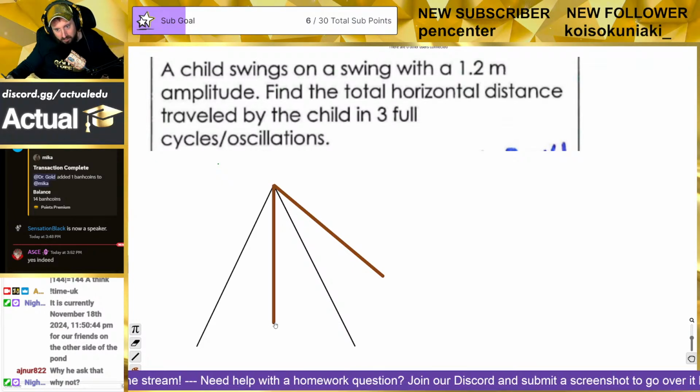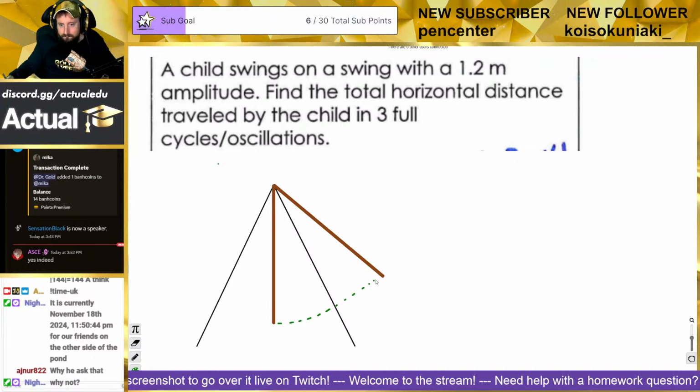I assume they're talking about this. Interesting they say total horizontal distance, right? Because I don't know, this is curvilinear. It's a curve, right? So it's like that.